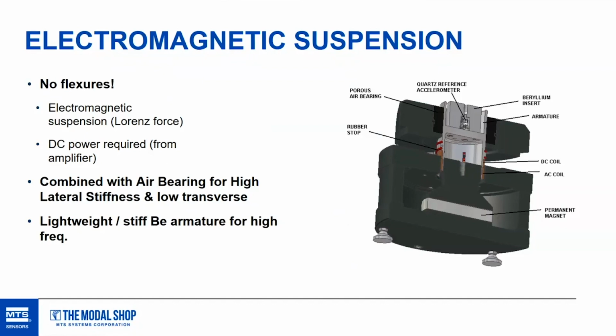The other thing that's interesting in this design is the armature is centered not through a mechanical suspension system, but instead we use a very stiff air bearing around the armature, and that creates an air film with a very high lateral stiffness, which basically translates into a very low transverse motion as the shaker goes up and down.